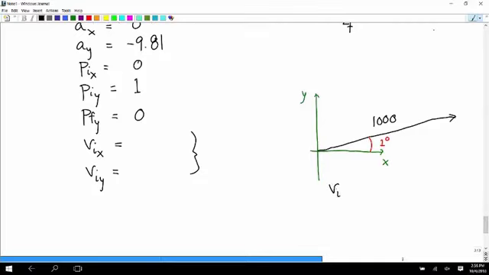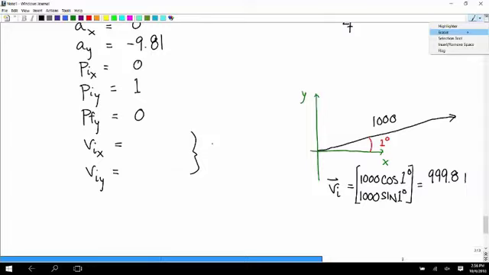So that initial velocity vector is 1,000 times, to go counterclockwise from the x-axis, you go 1 degree. So 1,000 times the cosine of 1 degree, 1,000 times the sine of 1 degree. And the horizontal one is basically 1,000. I think you get 999.884.